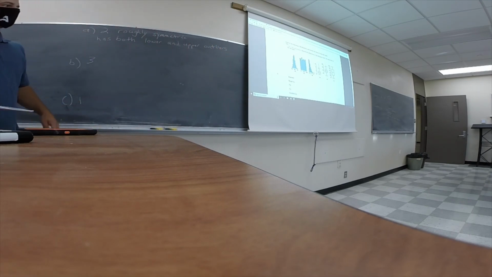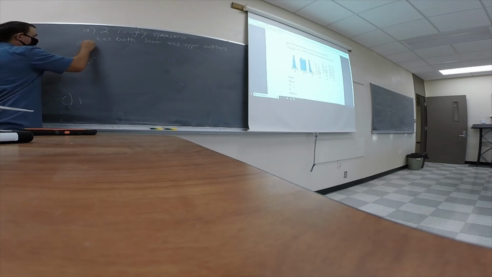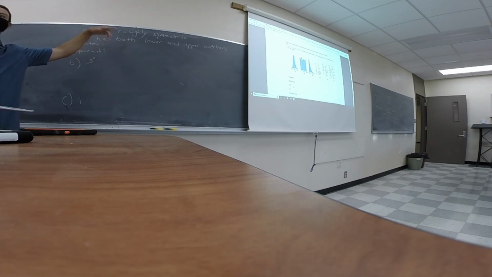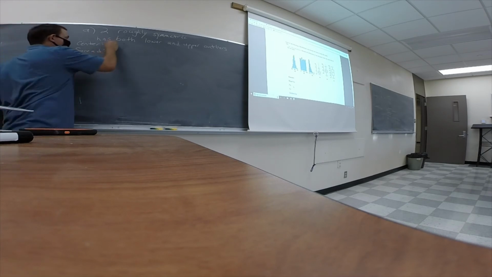Okay, so we've got shape and outliers. If you scroll down, it also wants to know your center and spread, so I'm going to do those as well. So center, spread for A. If it is roughly symmetric, but it has outliers, I choose what? The median. Yep.